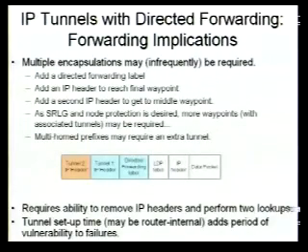For the IP tunnels with directed forwarding, as forwarding implications, you may require multiple encapsulations: a directed forwarding label, an IP header to reach the final waypoint, and potentially for some of the node repair, you may need a second IP header to reach a middle waypoint. Now again, to get from like 80% up to 98% or so, just one IP header to get to a final waypoint works. And then if you add the directed forwarding label, that'll get you to 100% for link protection.